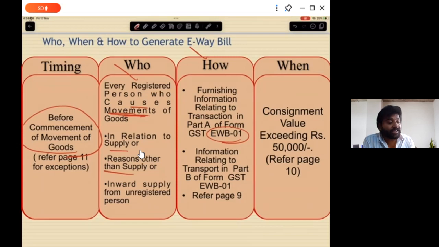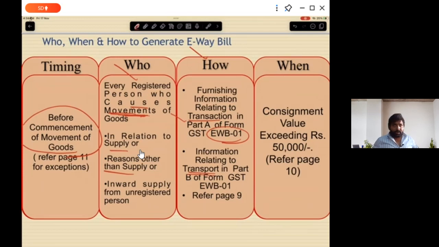But this form contains two parts. Part A is about the transaction details. जो इनवॉइस की सारी इंफॉर्मेशन है वो जाती है पार्ट ए में. पार्ट बी कंटेन्स ट्रांसपोर्ट डिटेल, गाड़ी नंबर, गाड़ी का रूट और गाड़ी का डिस्टेंस, ये सब जाता है पार्ट बी में. So our e-way bill is divided into two parts.